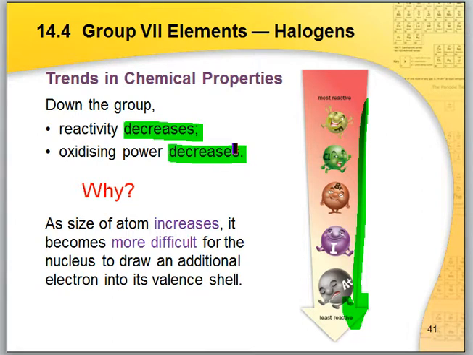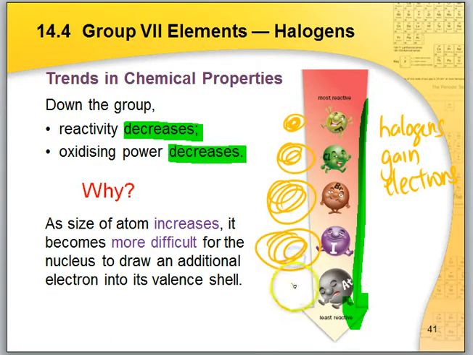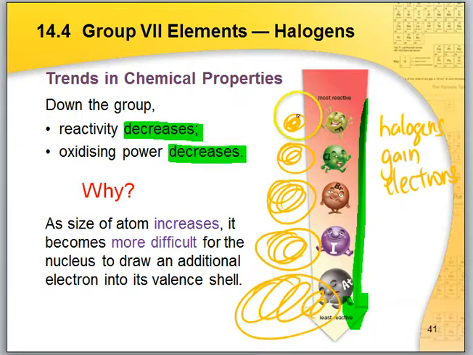Why? Remember, your halogens want to gain electrons. Now, you can see fluorine is generally small in size, followed by chlorine slightly bigger, bromine even bigger, iodine even bigger, and astatine is the biggest. To attract electrons, the thing that's attracting is the nucleus in the middle. Your nucleus is the one attracting the electrons.